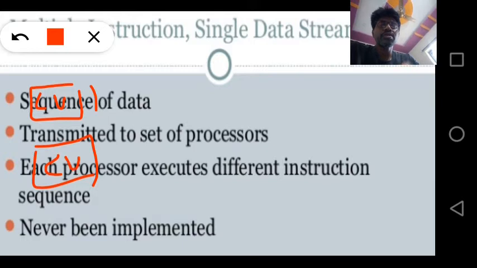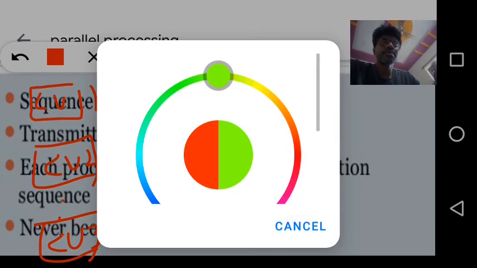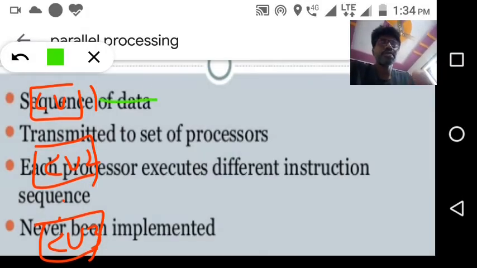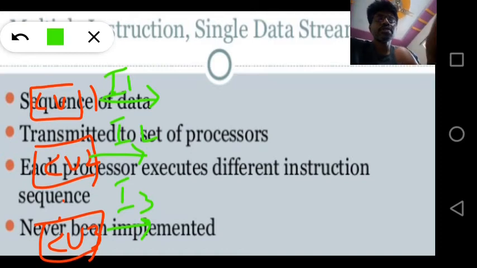CU2, let's take CU3, which send multiple instructions: instruction 1, instruction 2, instruction 3.